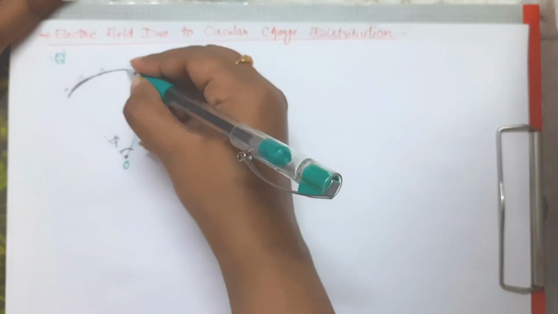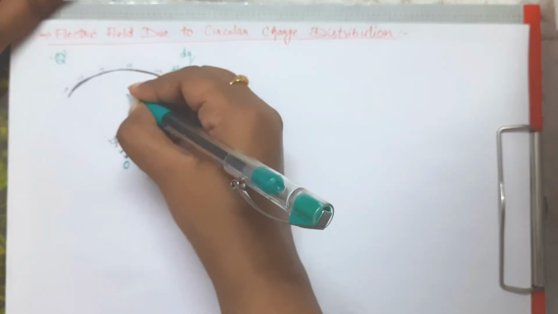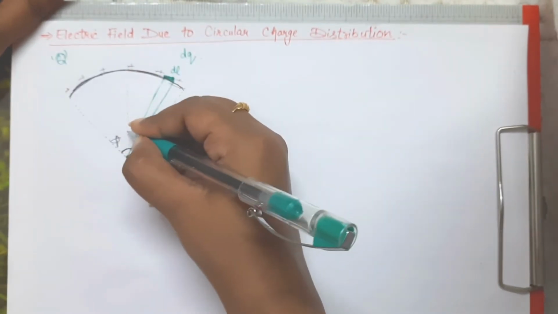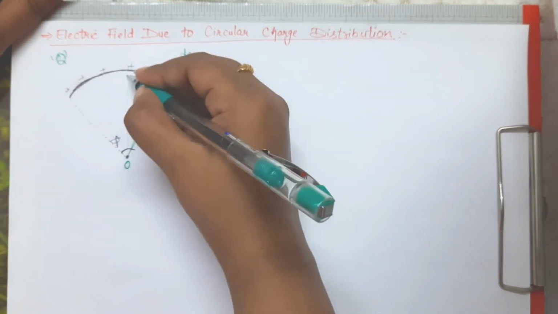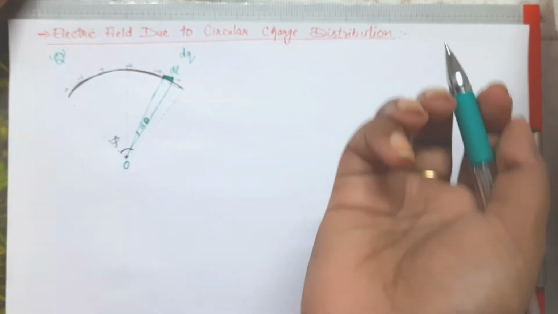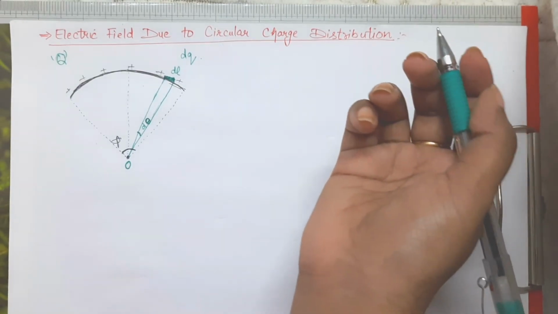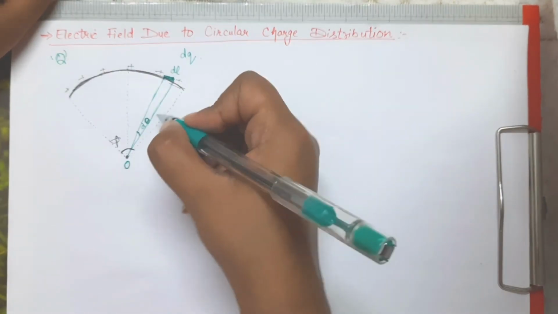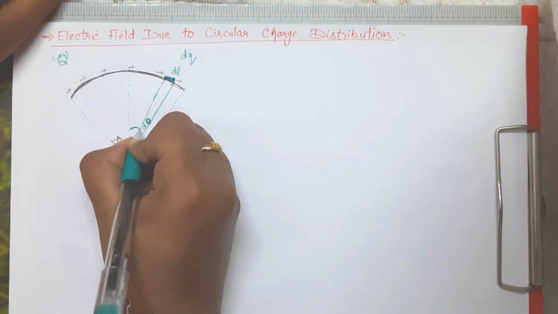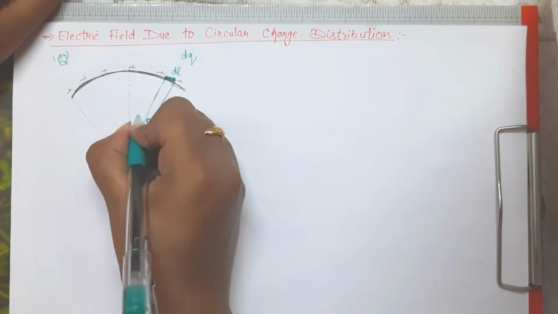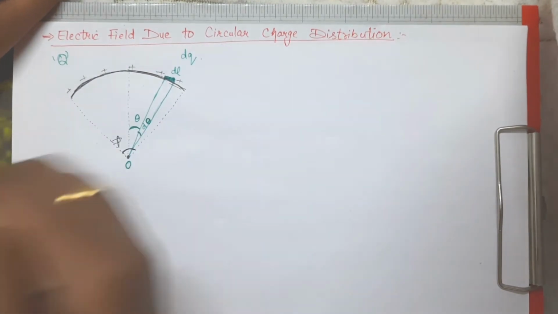This is a vertical line which is dividing this whole part into two equal parts. Now this is making an angle of d theta, and this is an angle of theta from this horizontal line.